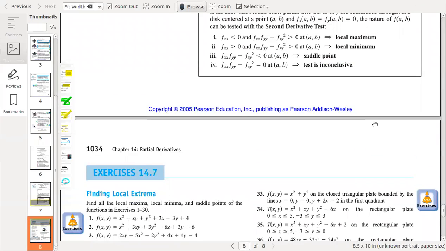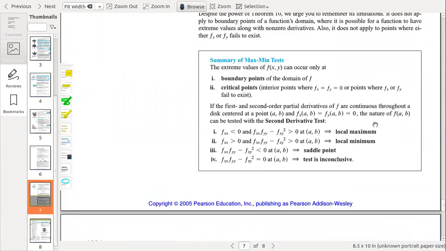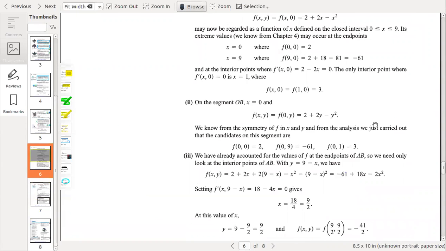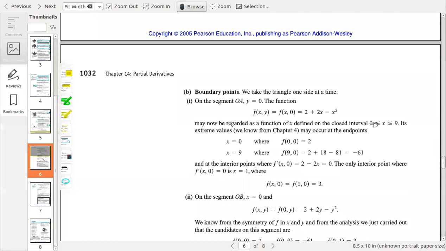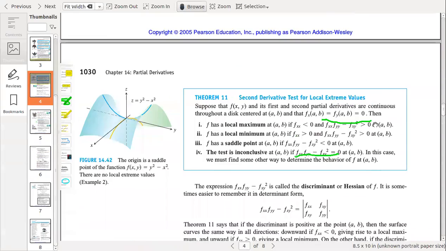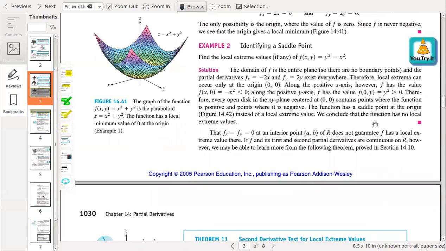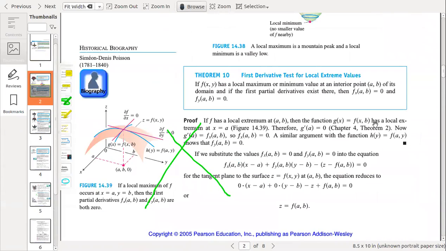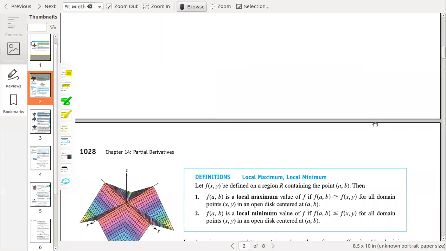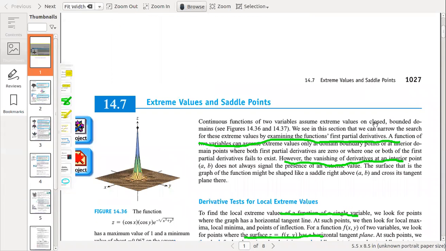I can just summarize what we have studied. We have discussed the extrema values: where the function has maximum values and where it has minimum values. The maximum value is like the peak of a mountain, and the minimum value is like the bottom of a valley. And how can we determine them rapidly?